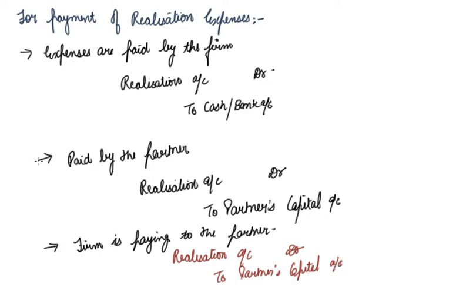When realization expenses are to be borne by the partner and the expenses are paid by the firm, the realization expenses are paid on behalf of the partner by the firm.